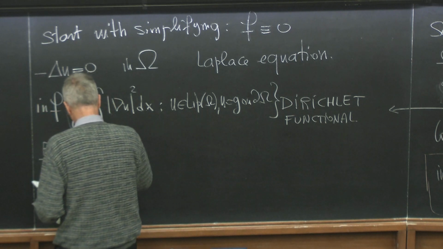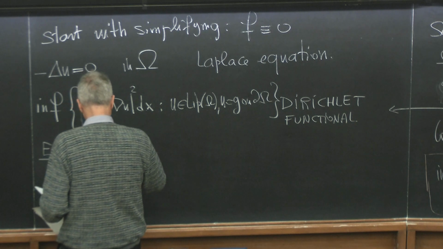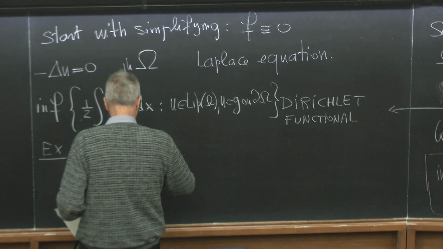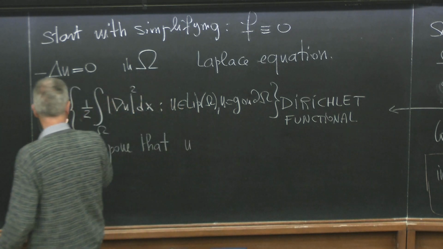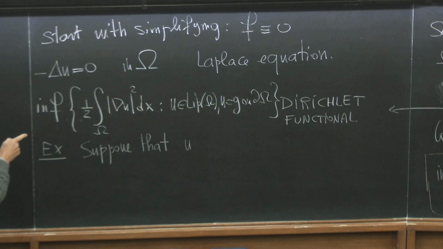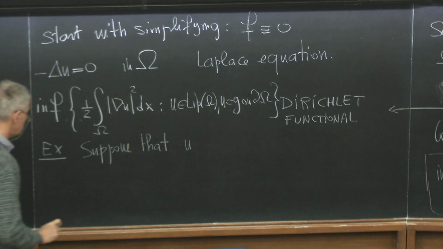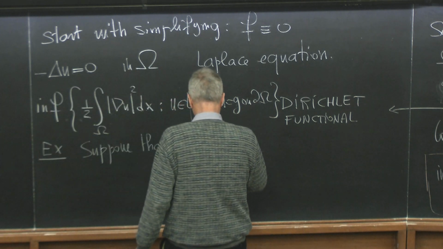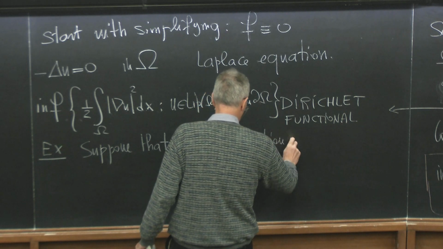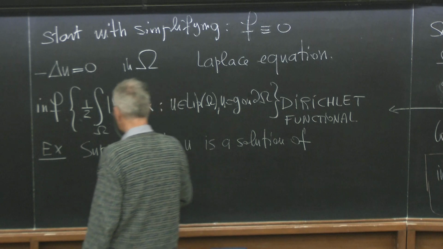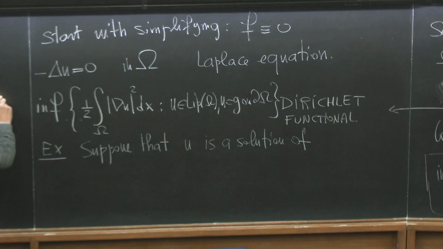So suppose that u solves this problem, so is a minimizer. This infimum is a minimum, so suppose that u is a solution of, let me call this problem 1.